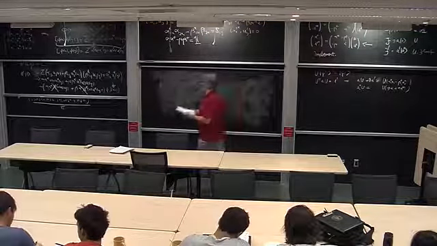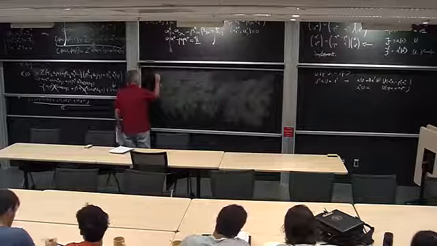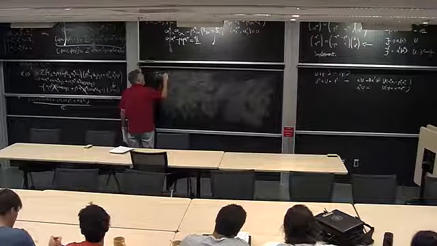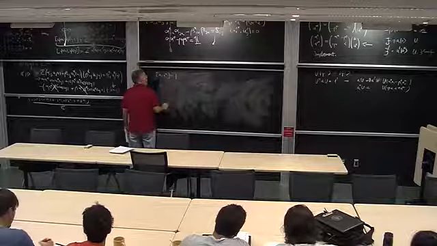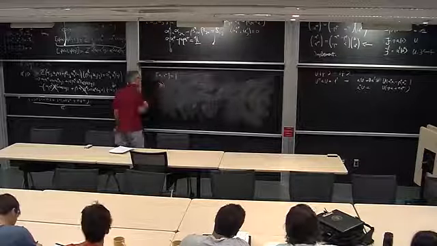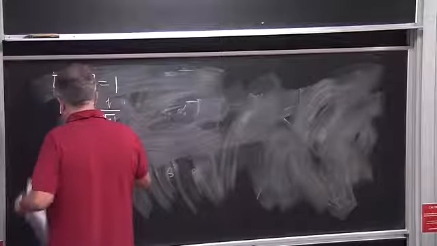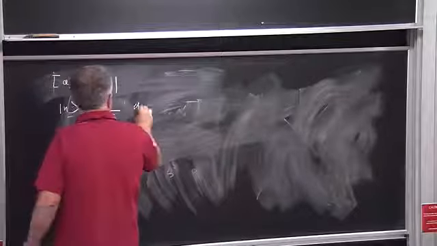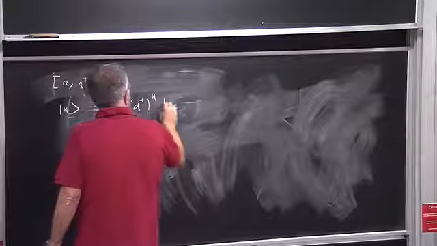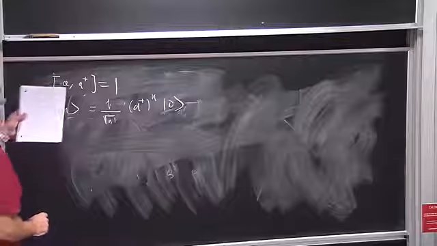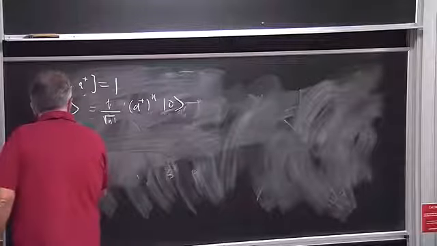If you have just a pair of canonical operators, you can construct the n basis, where |n> is 1 over square root of n factorial, A dagger to the n applied to the vacuum, or you can construct the coherent states.